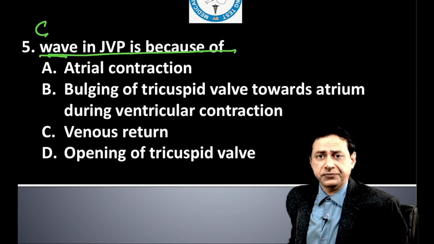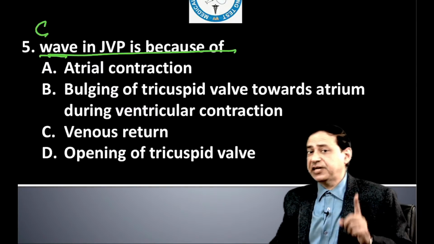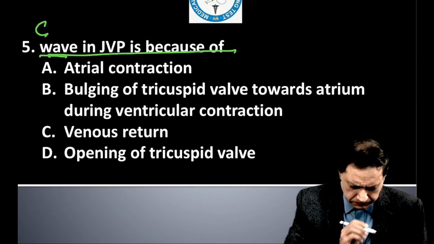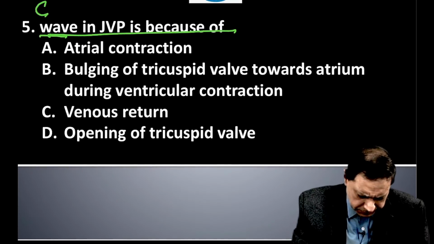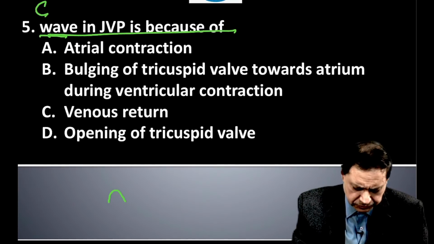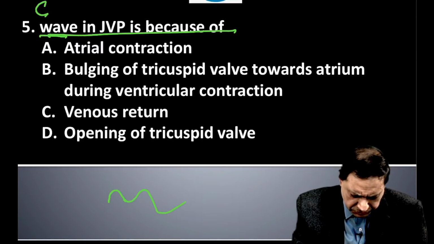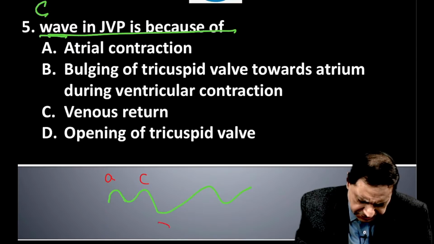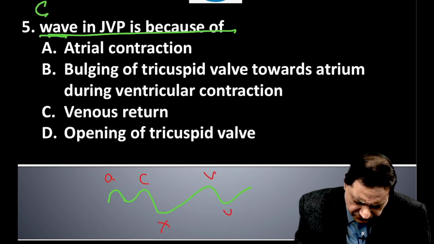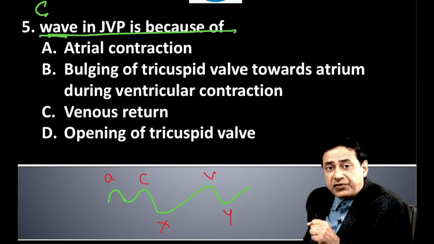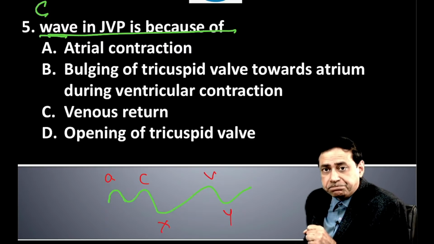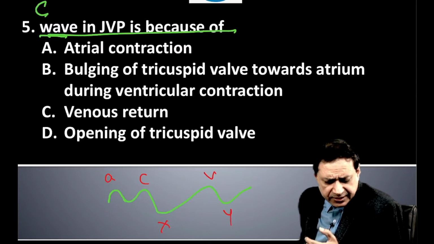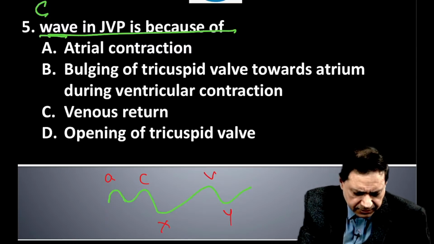In the JVP we have 5 waves: A, C, X, V, Y. These are the 5 waves in JVP, and these 5 waves have a cause.